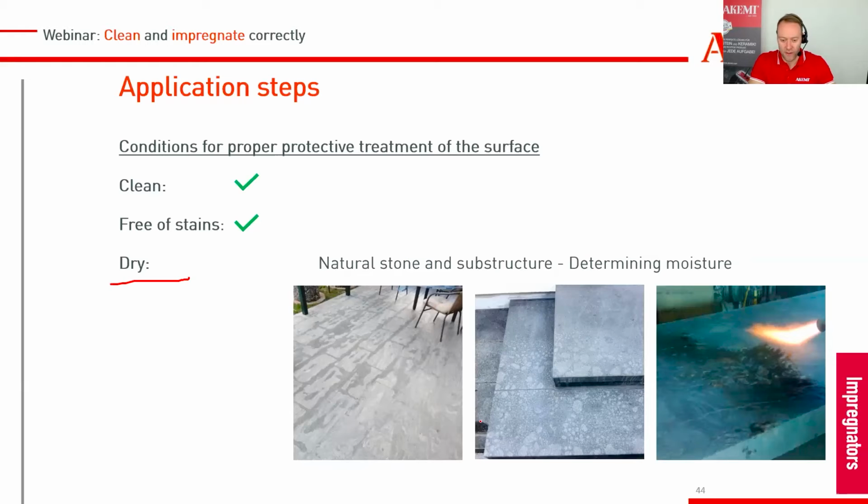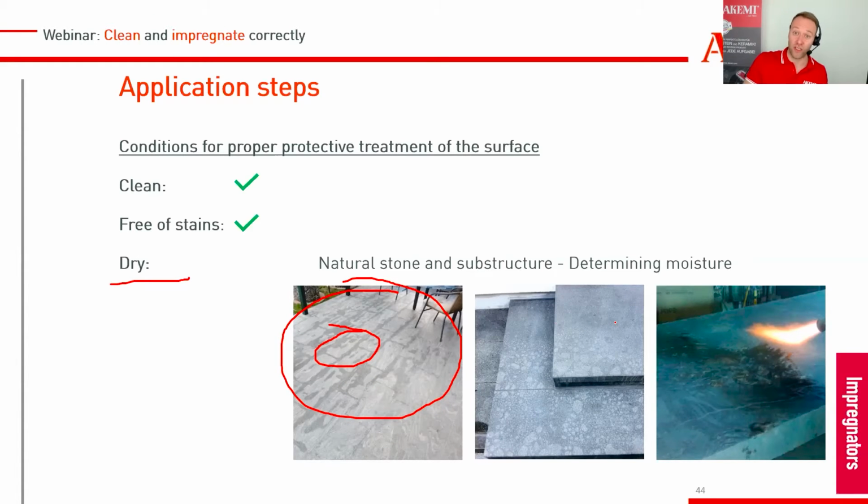Because if the stone is not dry, something like this can happen. This actually can also happen when the stone was not impregnated or no penetrating sealer was used. These watermarks can always appear on the stone. If you see them, don't use any impregnation product, because this will only give a bad result.